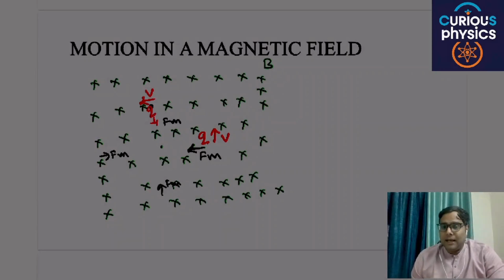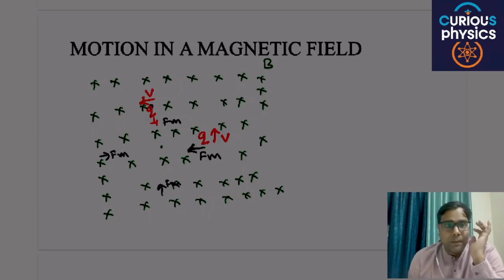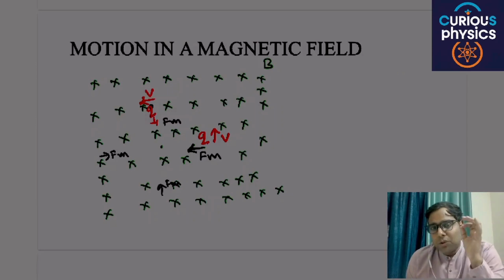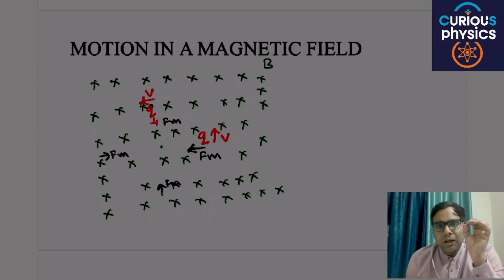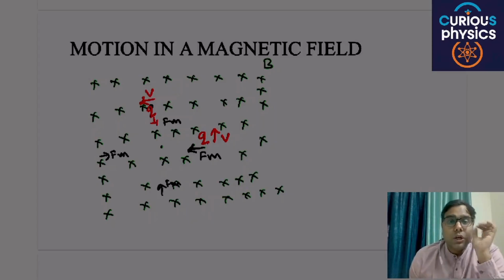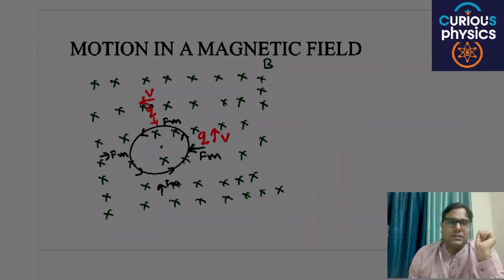Mean to say that when a charge particle having charge Q and velocity v is placed in a magnetic field, and velocity and magnetic field are perpendicular to each other, then that particular charge particle will move in a circle, or you can say the motion is uniform circular motion.